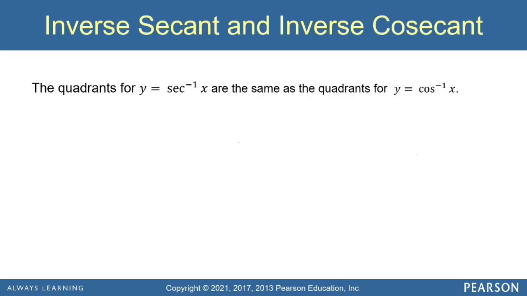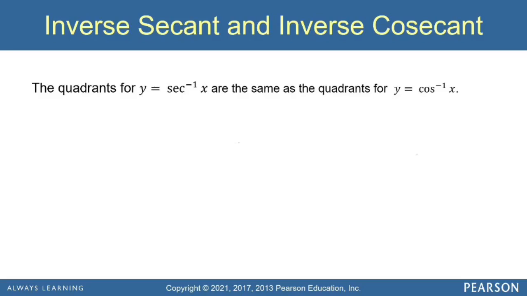Okay, now we're going to talk about inverse secant and inverse cosecant. There's some good news here. The quadrants for secant inverse of x are the same as the quadrants for cosine inverse of x. So you know that secant and cosine are reciprocals of each other, so it makes sense that secant inverse and cosine inverse give answers that are in the same 2 quadrants.